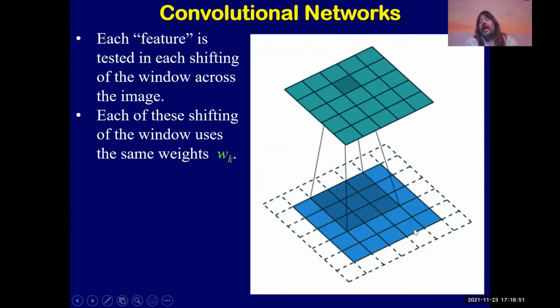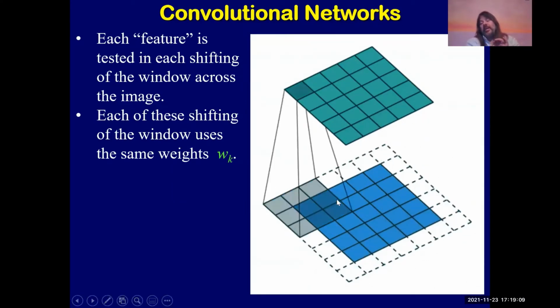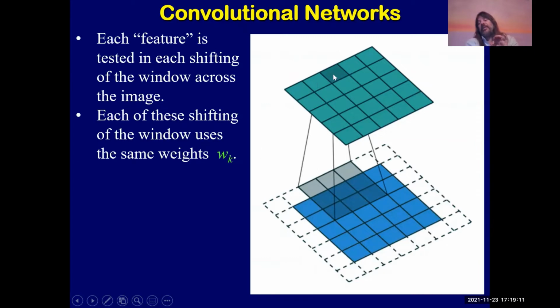In the top matrix, for every location of where the filter might be, we're getting one number. So this number says, does the feature appear here? Does it appear here? Does it appear here? So this becomes a matrix which tells you where the feature appears within your entire image.